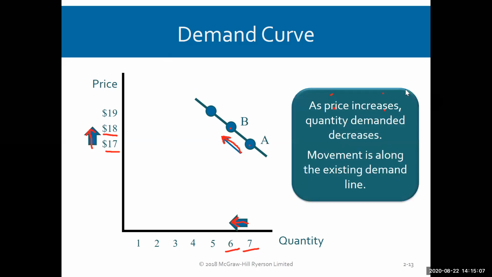Yep. And we know that as the price went up, quantity demanded decreased. That's because we drew the arrow along here, and quantity went from 7 down to 6. That is a movement along the existing demand curve. So price increased, quantity demanded decreased.